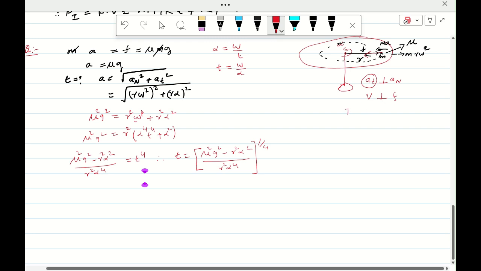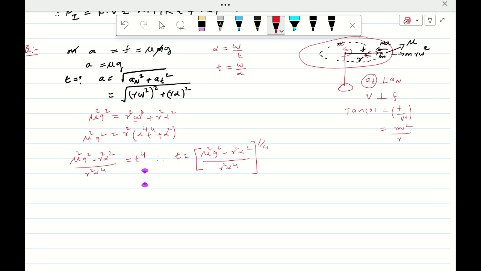So now tan theta is equal to, I can write, friction by velocity. Otherwise, the friction in the same direction is equal to r omega square, I can write, by velocity, which is in the AT direction, r. So it's asking the theta value. So we substitute your friction value and v value. So in this direction there is AN, and in the direction AT there is AT.